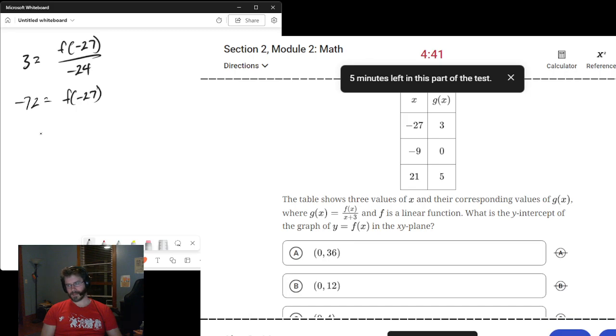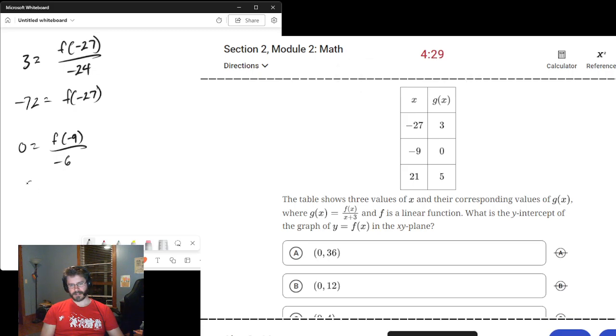Okay, good. Okay, so 0 equals f of negative 9. Negative 9 plus 3 is negative 6. Multiply that over 0. So 0 equals f of negative 9. So using those two coordinate points, we can get the slope and the y-intercept.